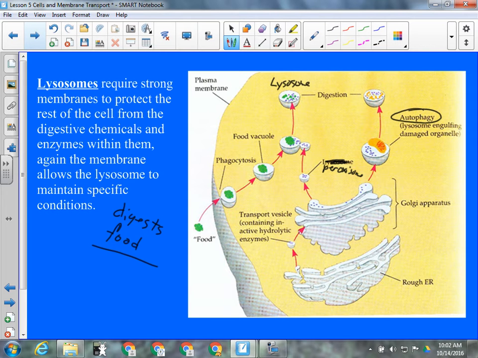They do have a very strong membrane, obviously, because we don't want the stuff that's in there to get out. In fact, the lysosomes are a way for the cell to protect other cells within the organism. Your cells have a pretty intricate mechanism for detecting when a cell has gone bad. And that happens sometimes.